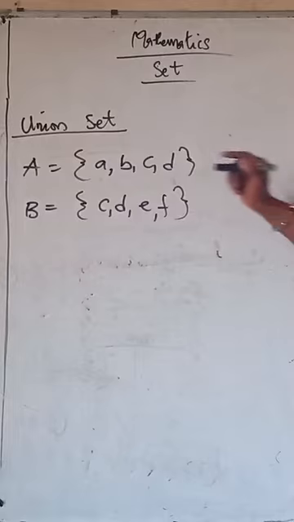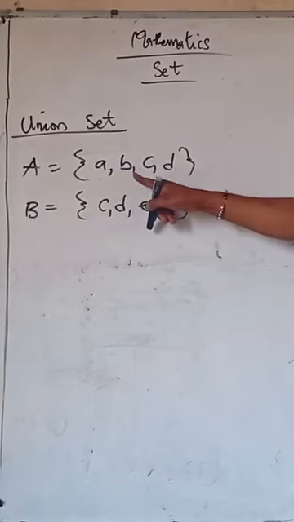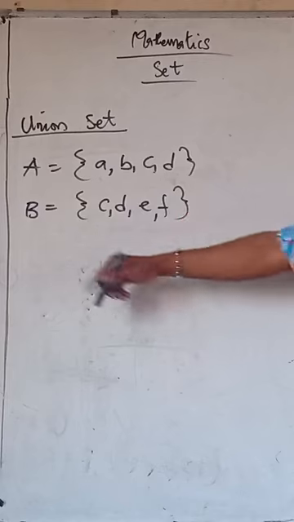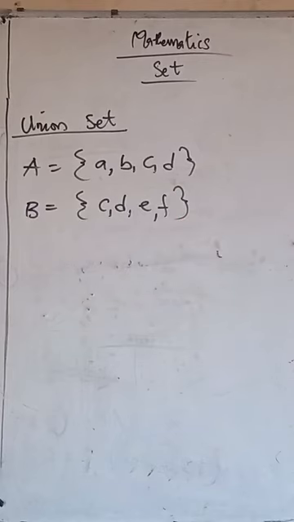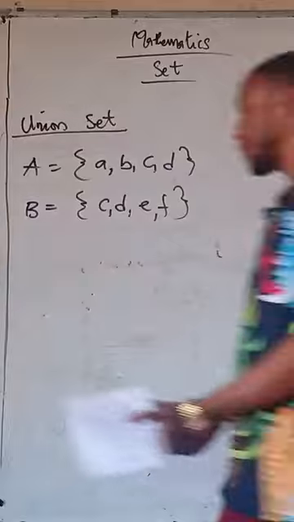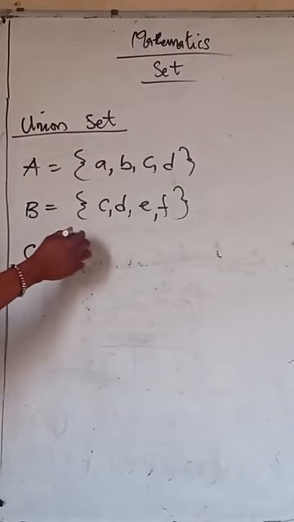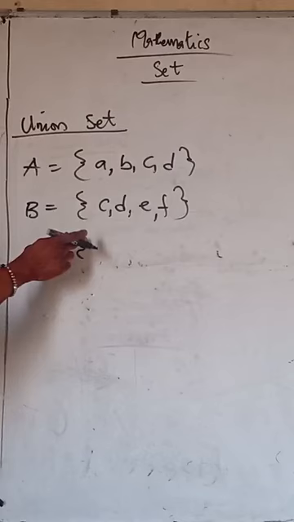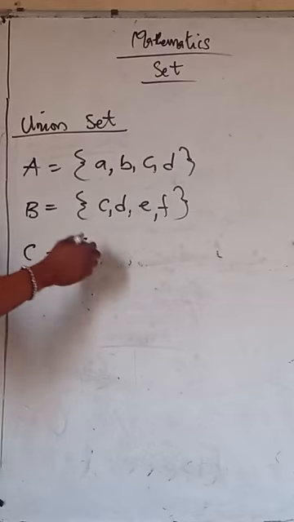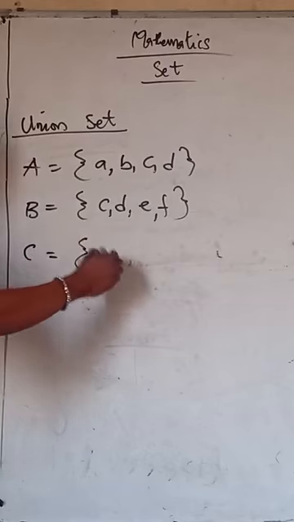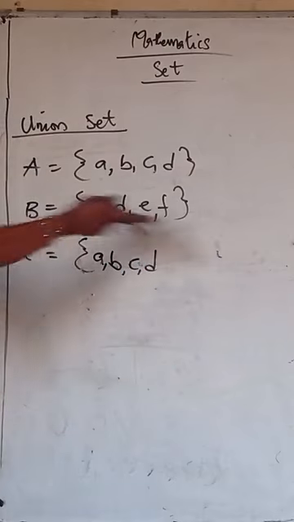Now, if you are to look for the union set of these, since the first one gave us A, B, C, and D, and the second one gave us C, D, E, F, what will be the union set of this? It will be the continuation of it, which gives us A, B, C, D. Remember, continuation.